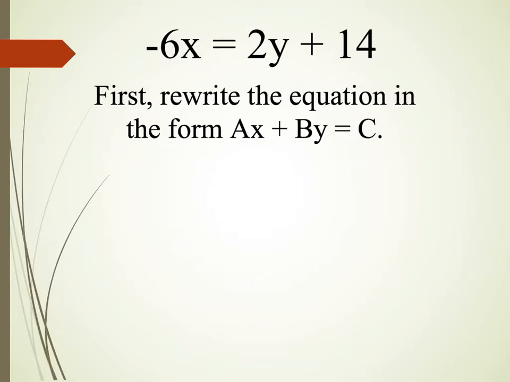Now, I don't want you to try this one yet. For this one, it's not in the form of ax plus by equals c, and we need to rewrite it so that it does look like this. When having this equation, x and y are on the same side.